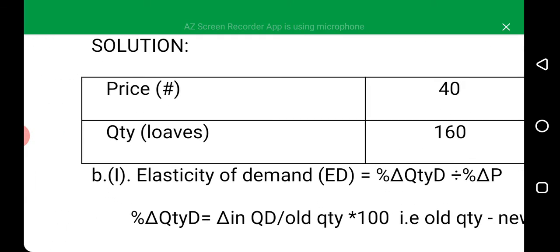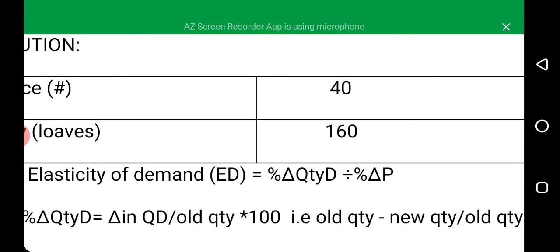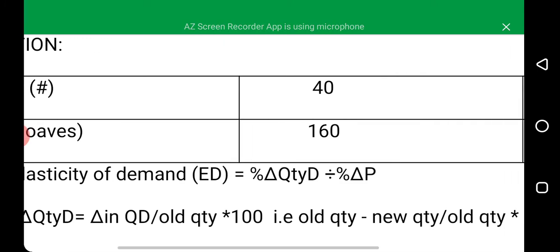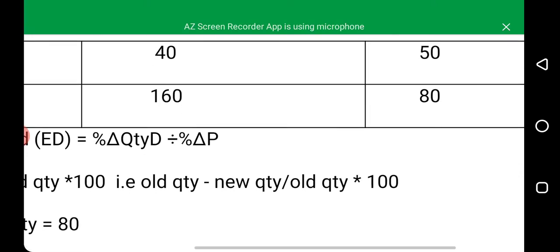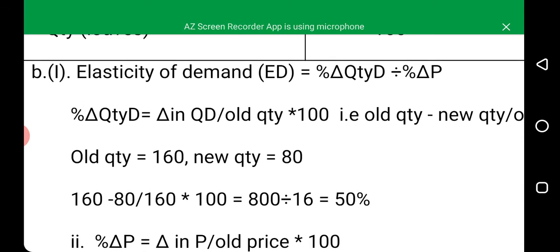So first things first, we prepare the data in the table. We have price in naira, we have the quantity demanded in loaves. When price is 40 naira, the quantity of loaves of bread demanded is 160 loaves. And when price is 50 naira, the quantity demanded is just 80. So back to the formula.